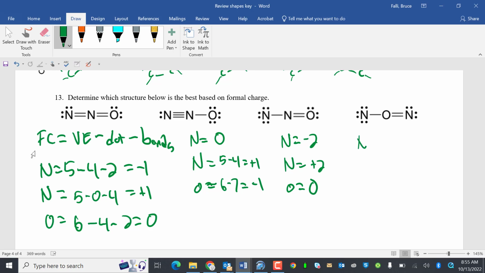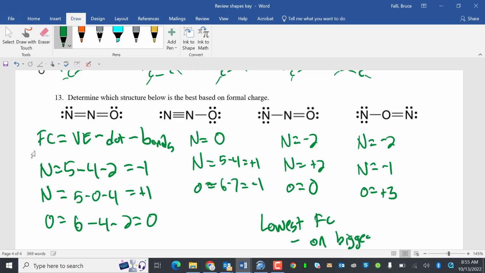Over here, nitrogen is 5 minus 7, which is -2. I'm still going to do the nitrogens in order. The next nitrogen is 5 minus 4, so it's -1. And then oxygen is 6 minus 3, which is +3. So remember, our goal is to have the lowest formal charges and the negatives on the biggest electronegativity.